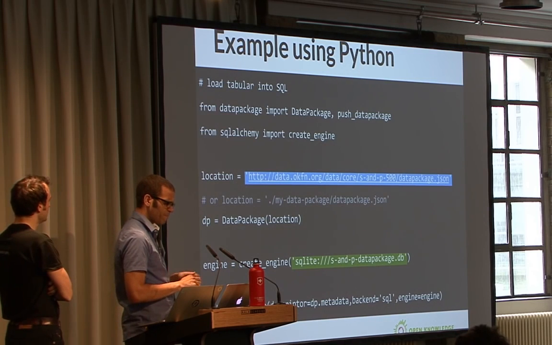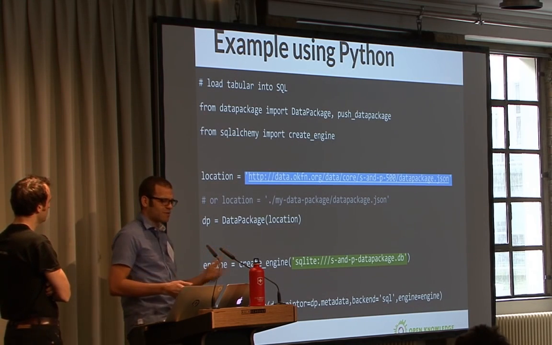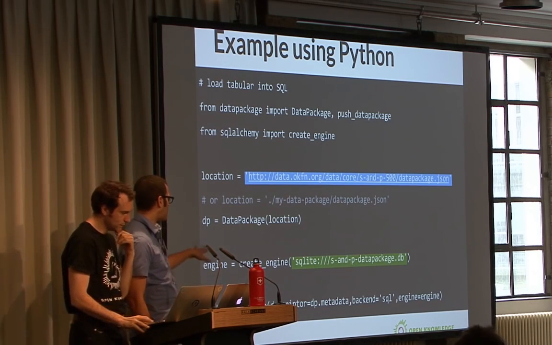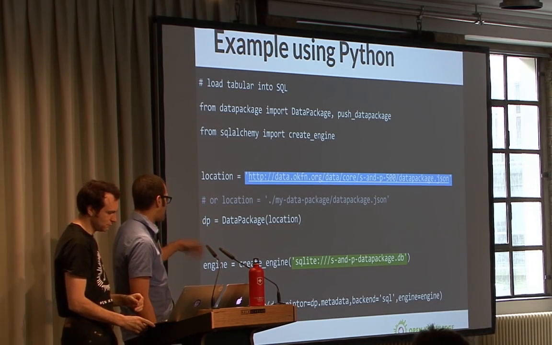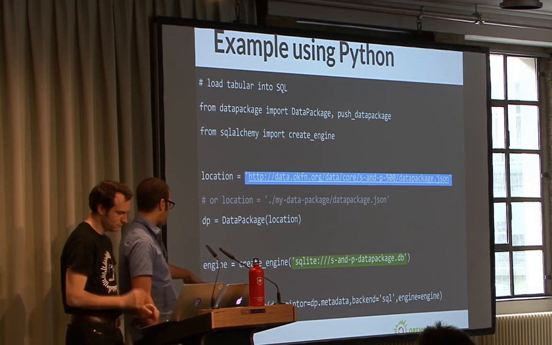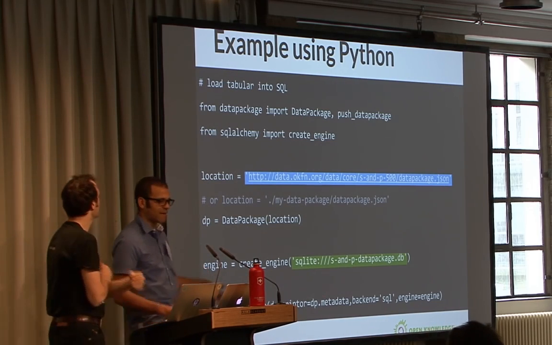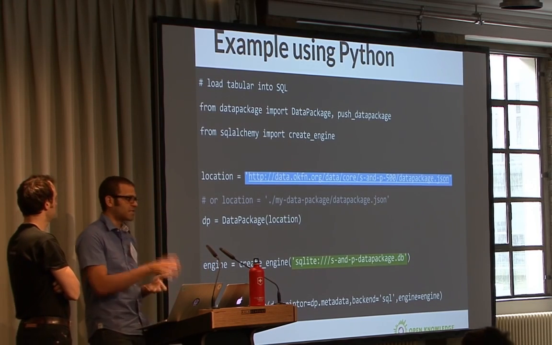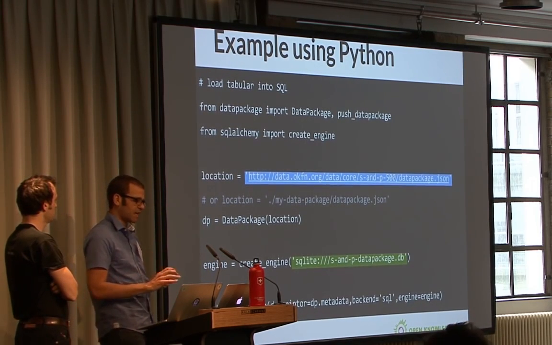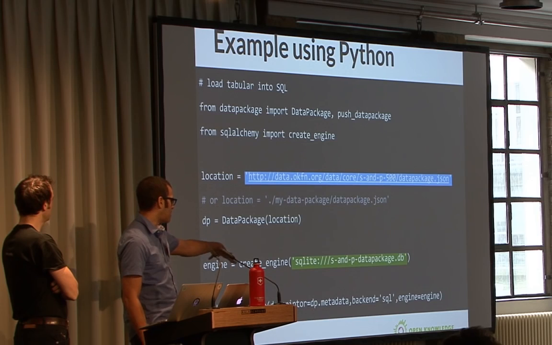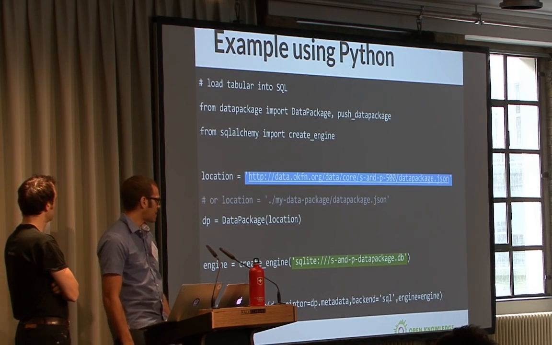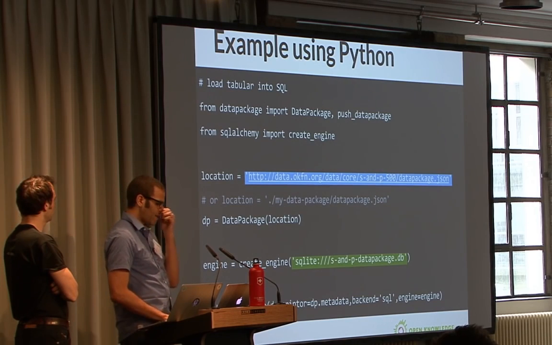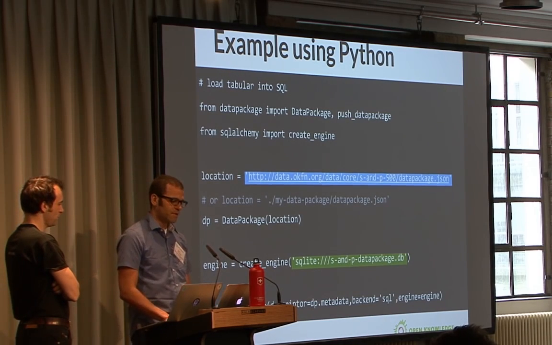Then, as you would typically do if you're using something like SQLAlchemy, you would create an engine to connect to your database. And in this last line is where all the magic happens. You're pushing the data package, using the descriptor file, which in this case is described by dp.metadata, into an SQL backend, just like that. Very simple.